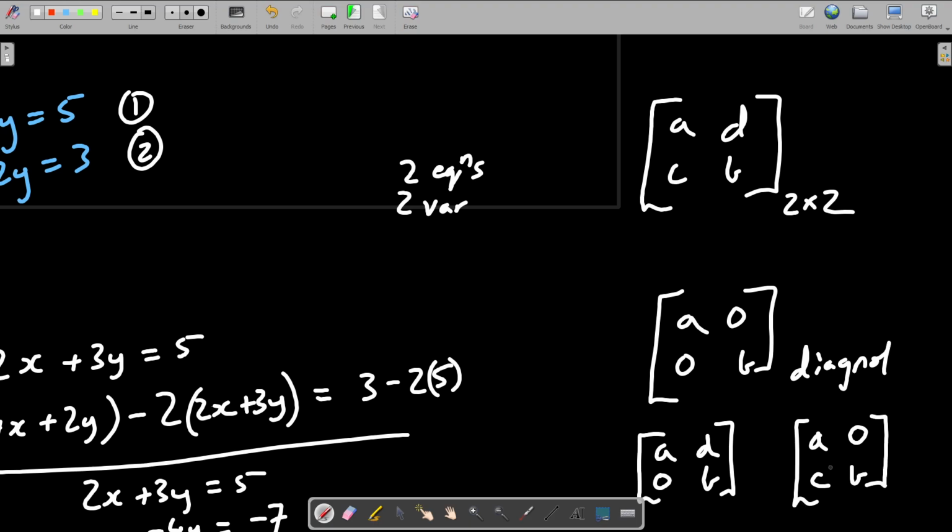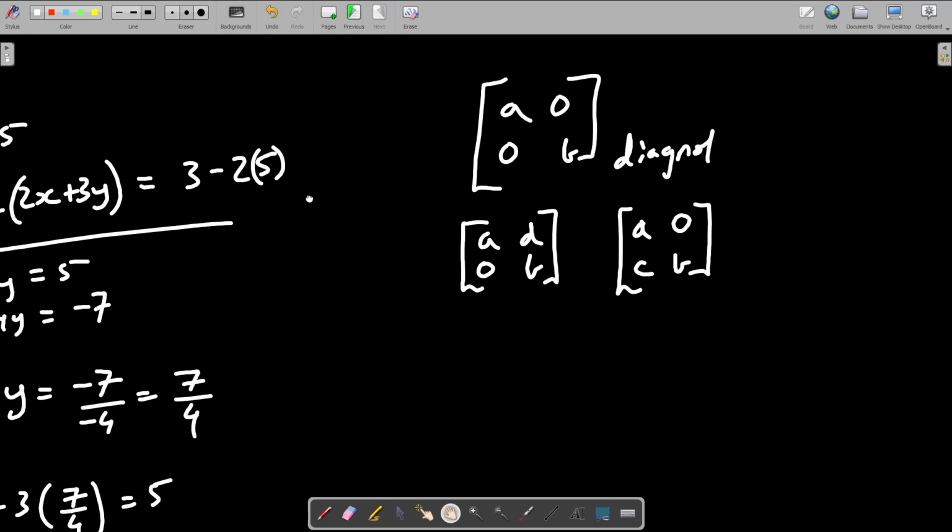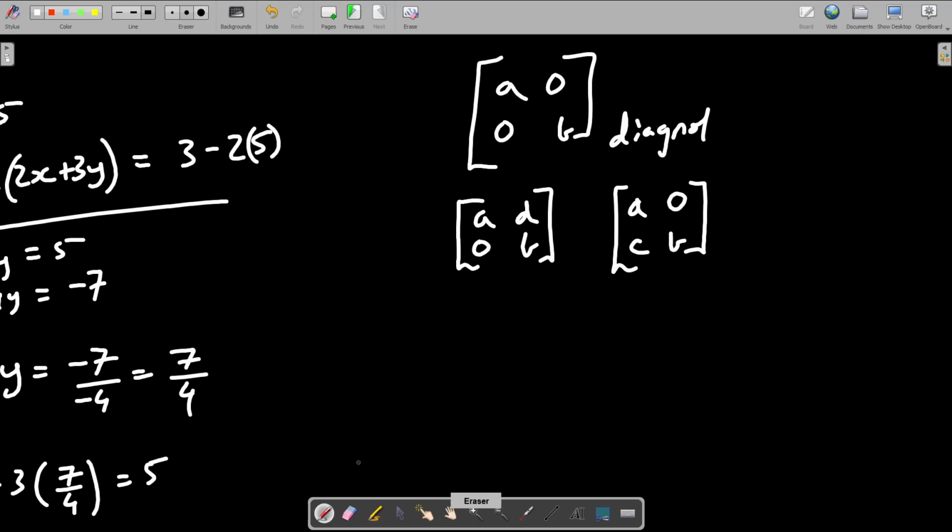This is called lower triangular because all the elements below the diagonal are non-zero and above are 0. So when I say triangular, I am referring to either one of these. This is called upper triangular, because you get a triangle shape inside, and this is called lower triangular.